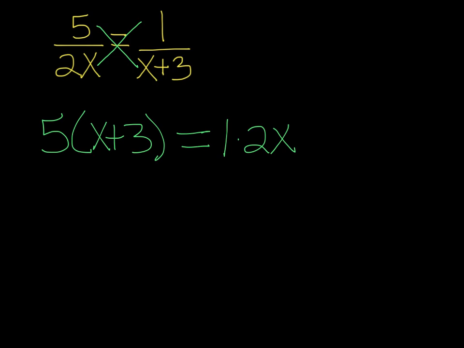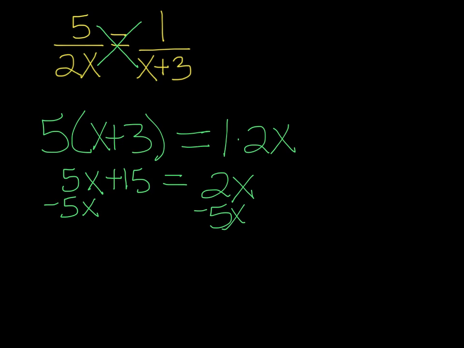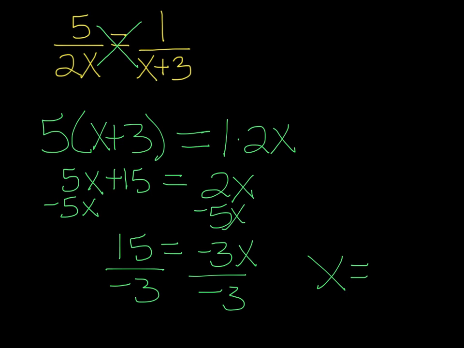So when I distribute my 5, I have 5x plus 15, and 1 times 2x is 2x. And now all you have to do is combine like terms. I will just subtract 5x from both sides. So we get 15 equals negative 3x, and then divide by negative 3 to get x equals negative 5.